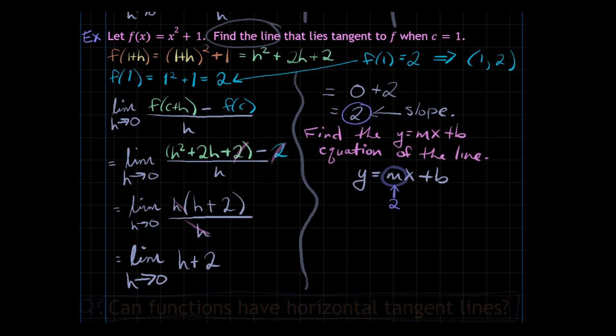Okay, so that means my x is 1 and my y is going to be 2. And b is something we don't know yet. Okay, I call this the find b method for finding the equation of a line.